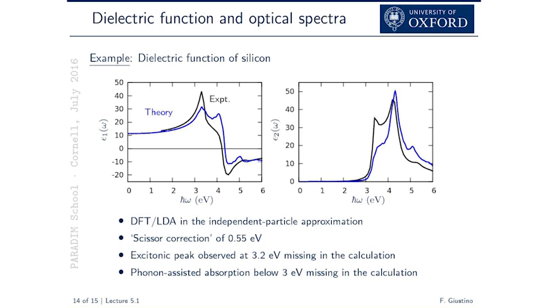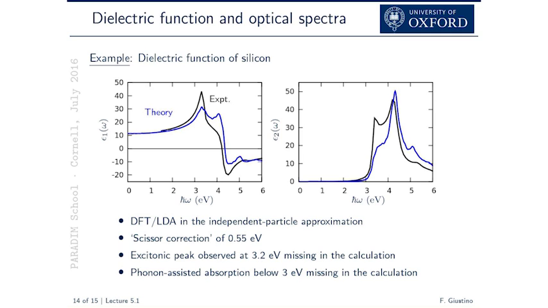So what is missing in this story? The shape of this is reasonable. From the point of view of bands, having done this scissor fixes most problems in terms of overall shape. There is a shoulder, there is a main peak. Here, this peak is a shoulder, and the onset is correct.